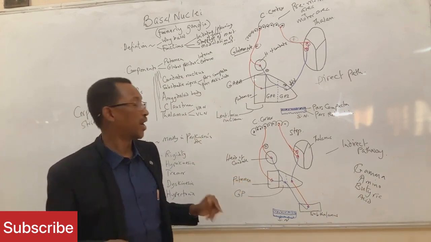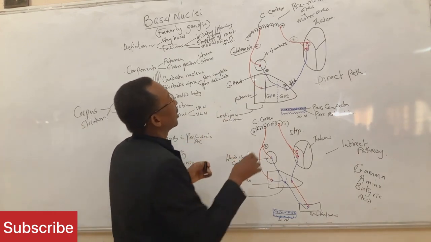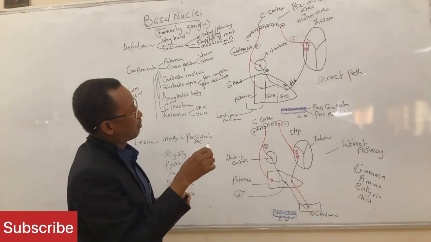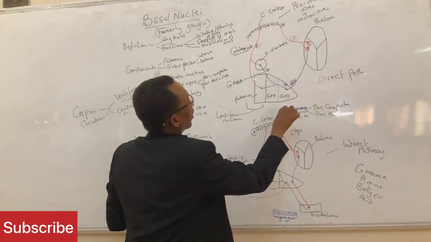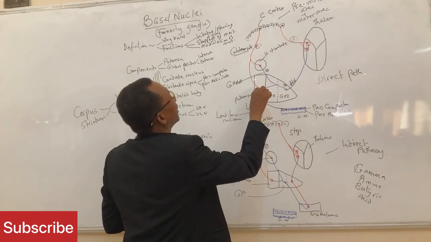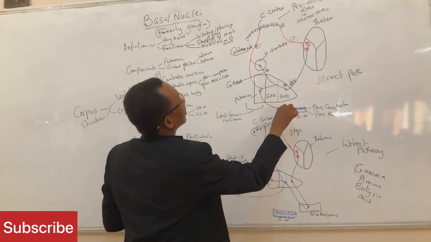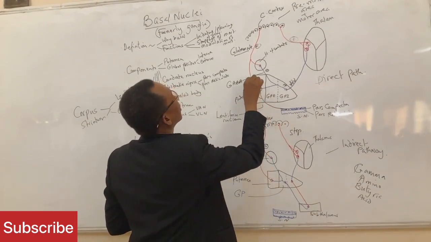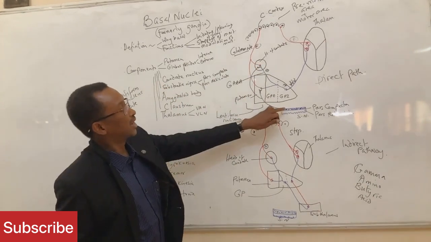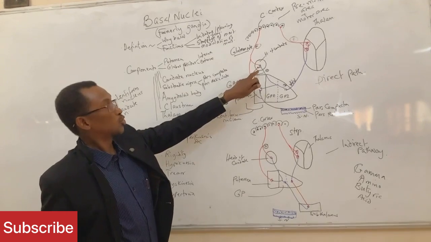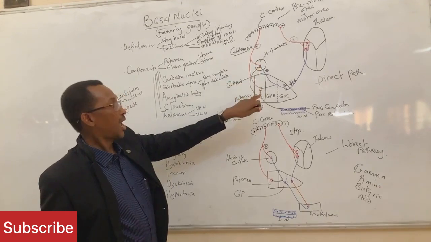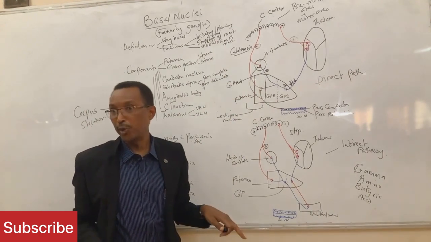Yes. Okay, fine. So now the connection between the substantia nigra and the remaining part of the basal nuclei is like you have neurons coming here to synapse. You also have another neuron from the substantia nigra going to synapse with those neurons that synapse in the caudate nucleus and also in the putamen. Are you clear?